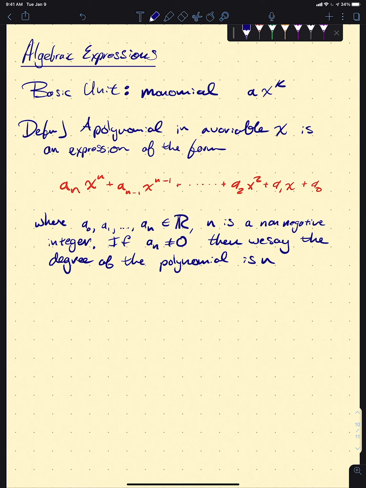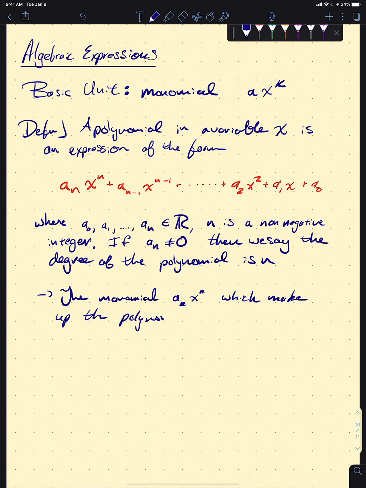Further, one other piece of note, the monomial a_k x to the k, these monomials, right, which make up the polynomial, we're adding a bunch of these together.